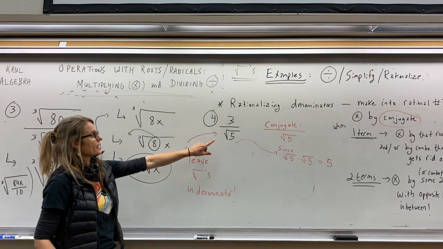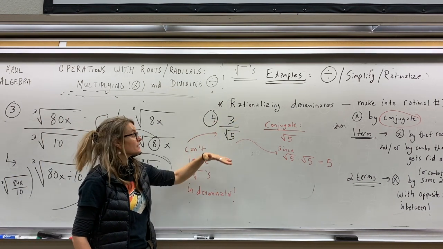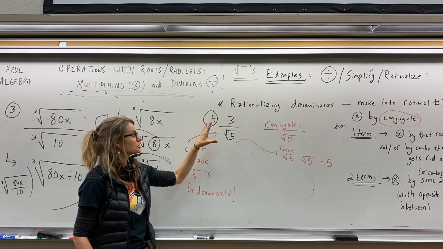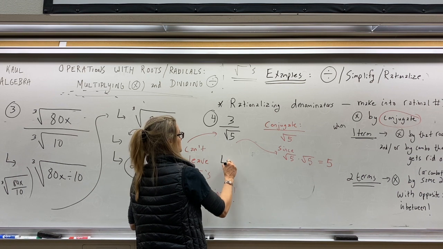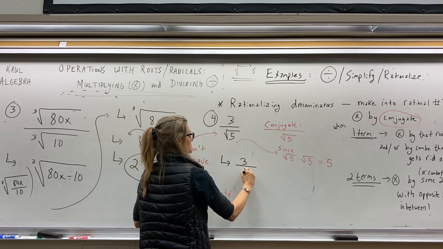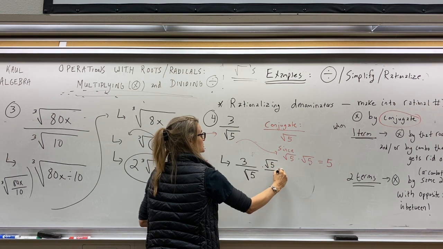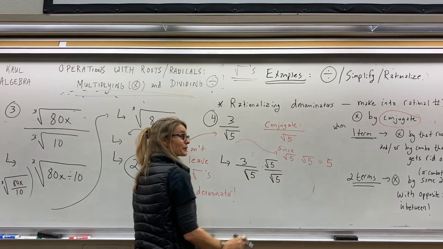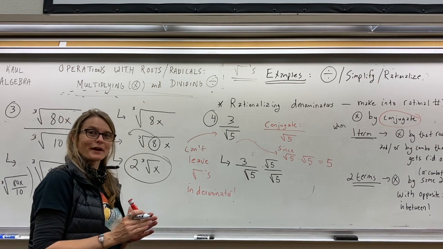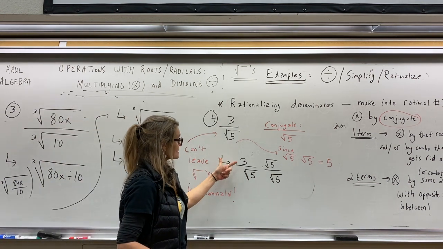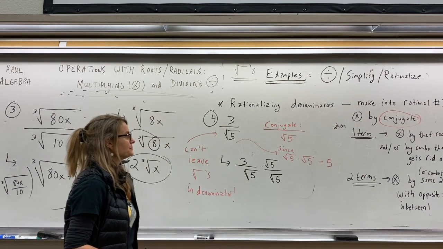Now I can't just go ahead and multiply this by a number and not this. I have to keep the value exactly the same. I cannot change the value of the fraction. So what I do is I take my 3 over the square root of 5 and I multiply by the square root of 5 over the square root of 5. I multiply by the value of 1. So it's like expanding fractions or simplifying fractions, right? You can multiply by the same factor, numerator and denominator, and get the same output.